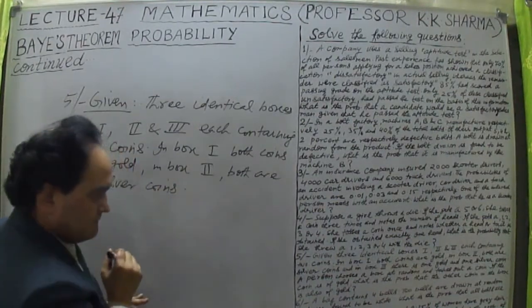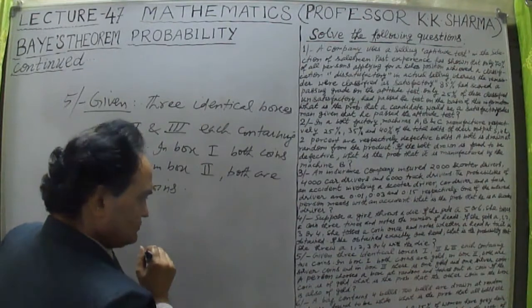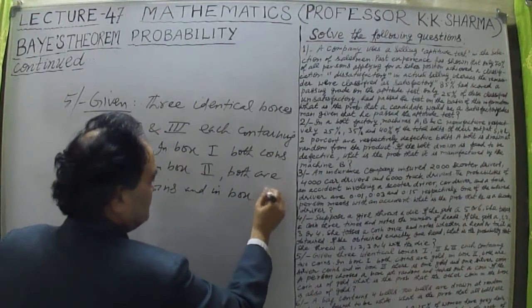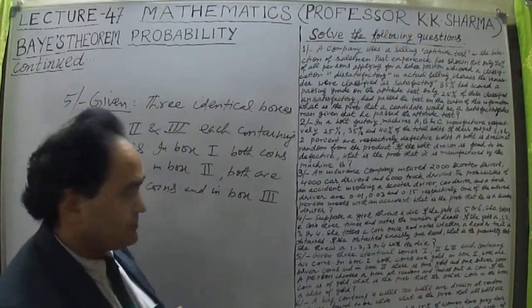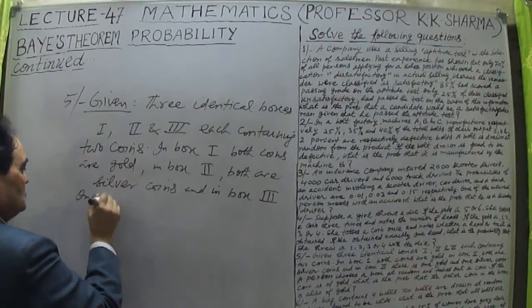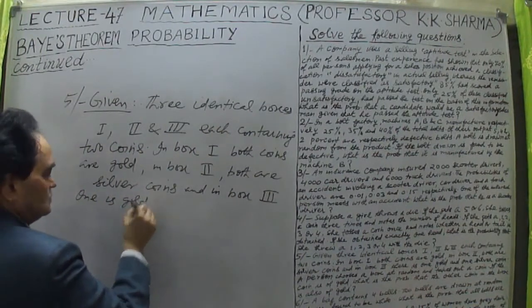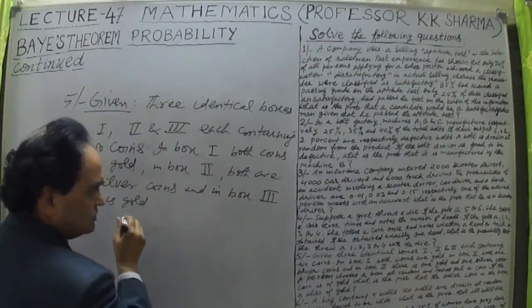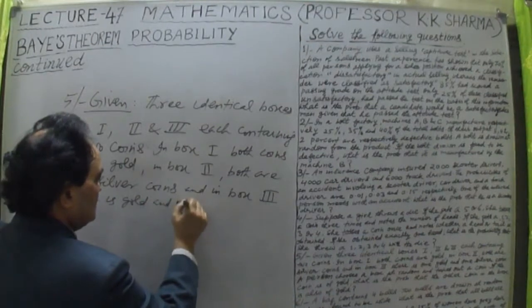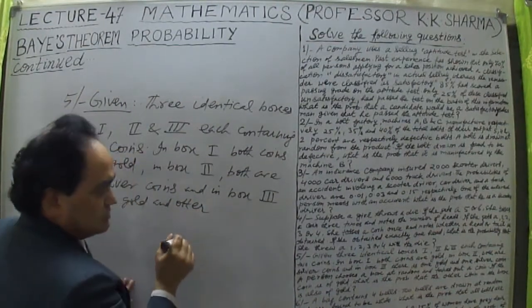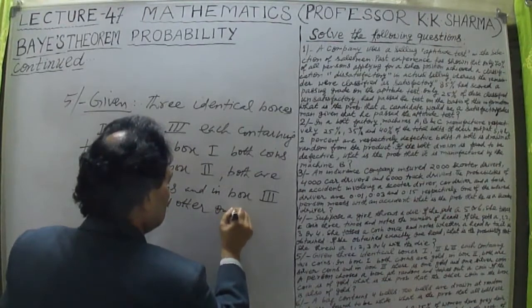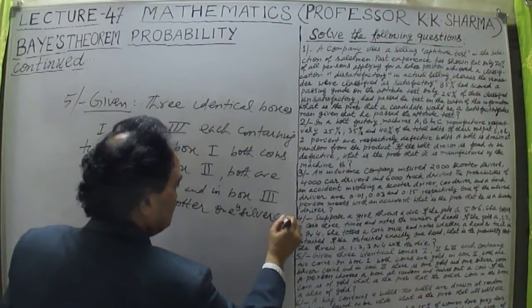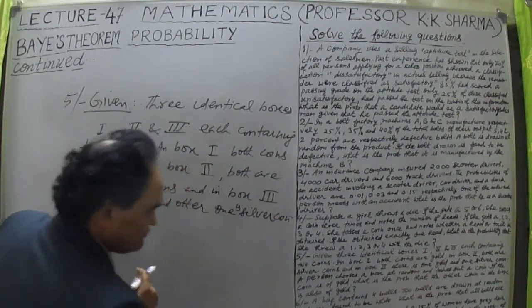And in the third box, one is gold and the other is silver coin. This is what is given to us.